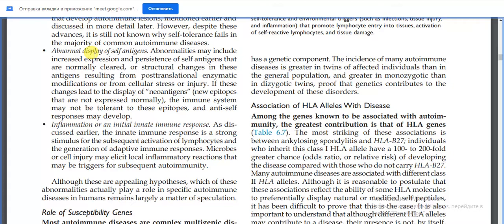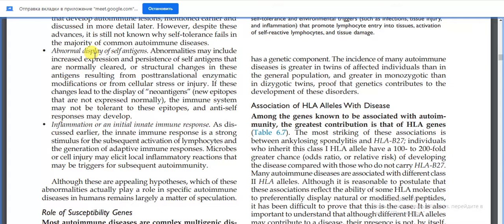Glucose can bind by covalent bond to the glycoprotein, and this glycoprotein becomes different. This new antigen appears, and our own cells become antigenic for us. That's one of the best examples of abnormal display of self-antigens.